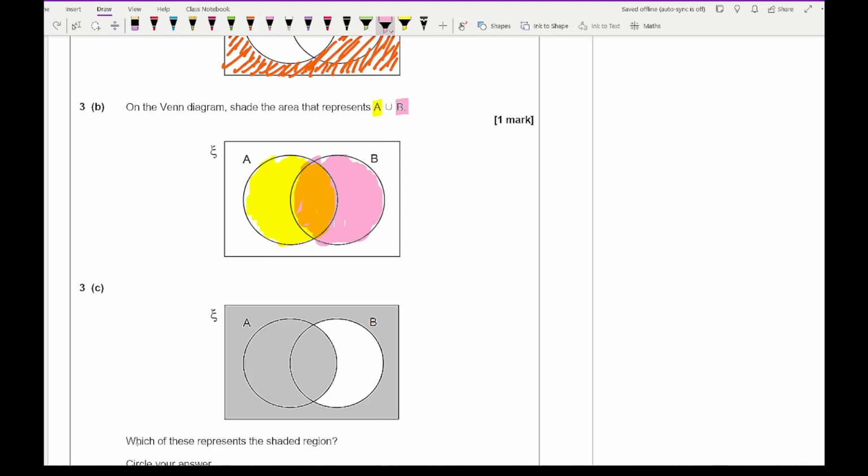Now when it's A or B, in other words, when it's or, it's basically all the shaded bits that I want. So I just go over everything that is shaded, regardless of whether it's yellow or pink or both. I just want all shaded area, which will look something like this.